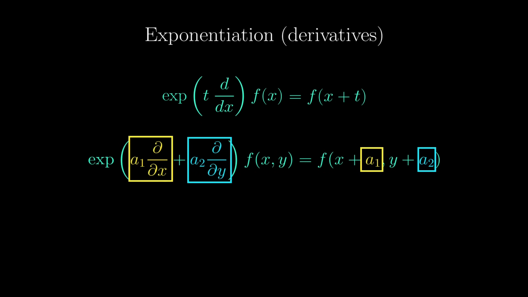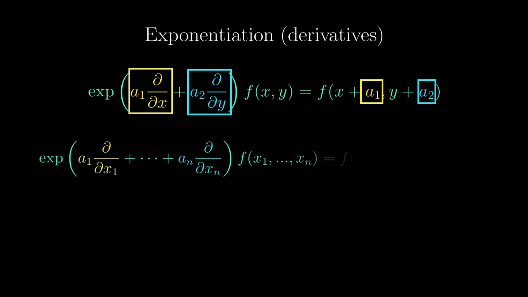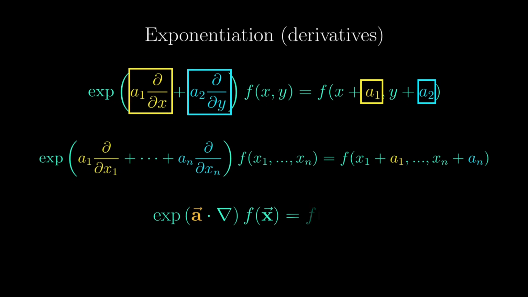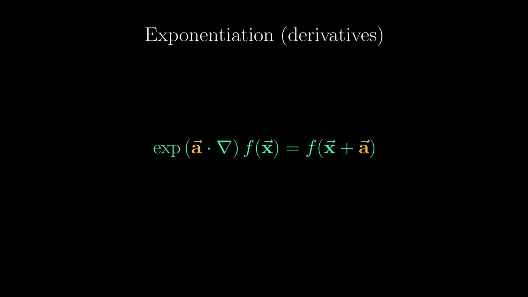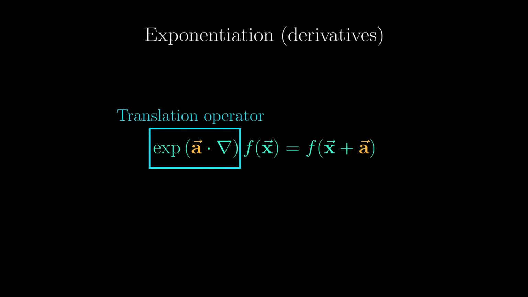This can be further generalized to higher dimensions with more variables and partial derivatives, but it's usually succinctly written like this. This more succinct equation is often seen in quantum mechanics, and in the context of quantum mechanics, this exponential of derivatives is called the translation operator.